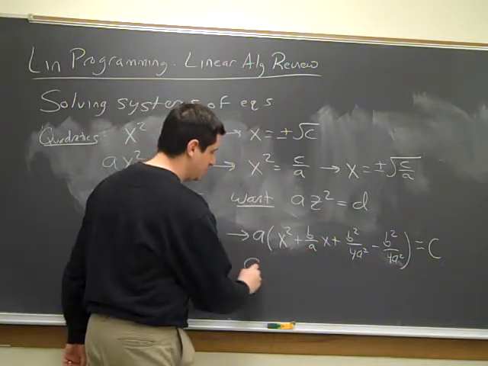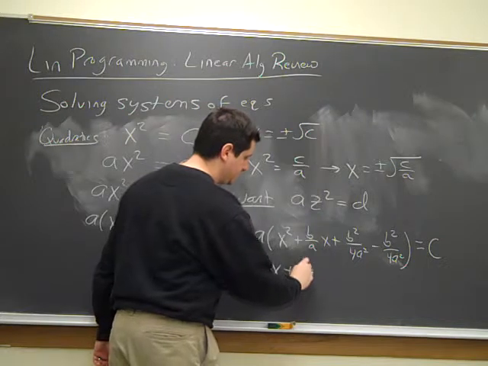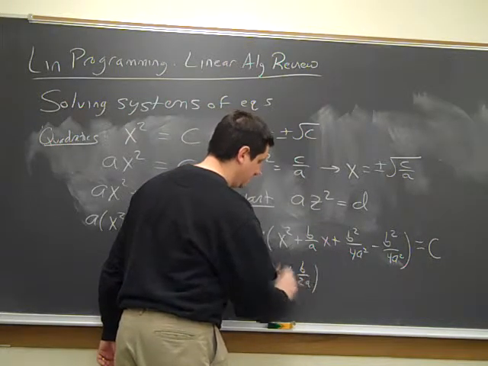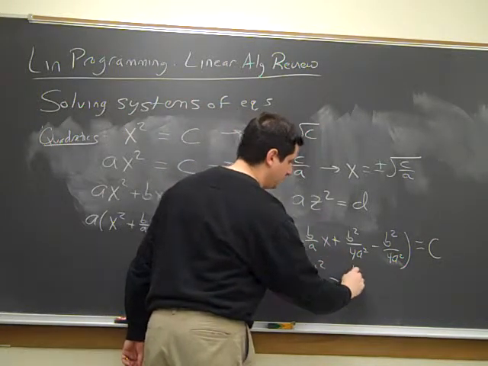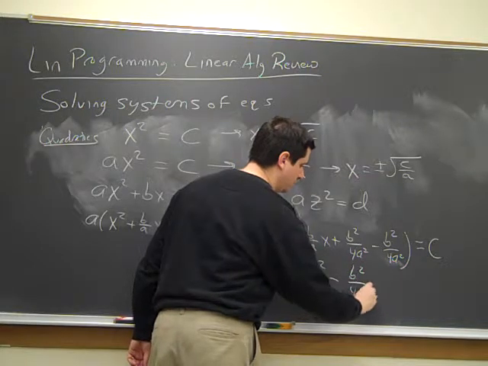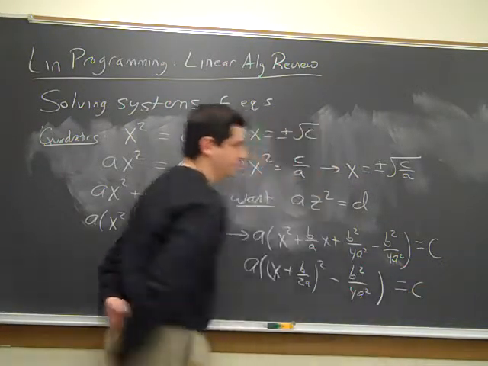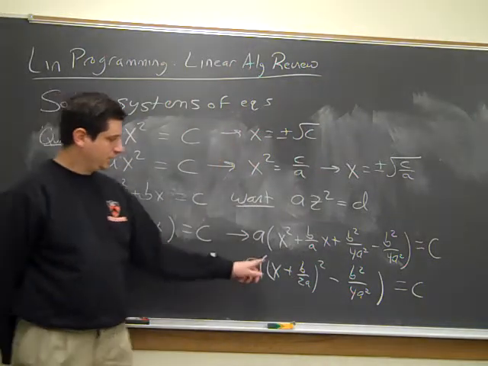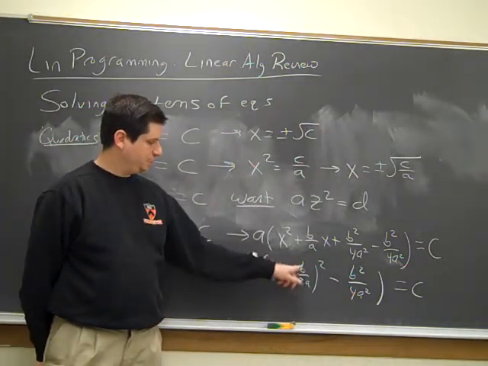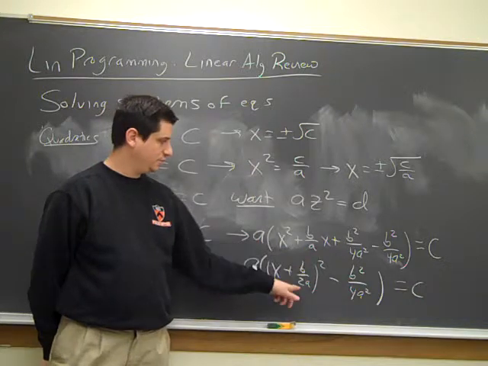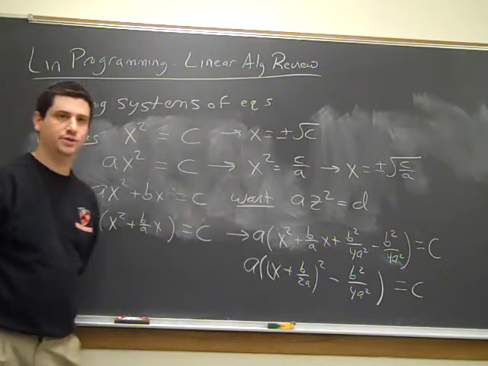And so this is going to factor as a times ((x plus b over 2a) squared minus b squared over 4a squared) equals c. And if we square it out, we get x squared plus the 2's cancel, b over a x plus b squared over 4a squared minus b squared over 4a squared.